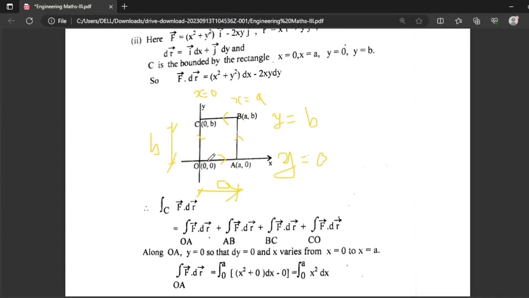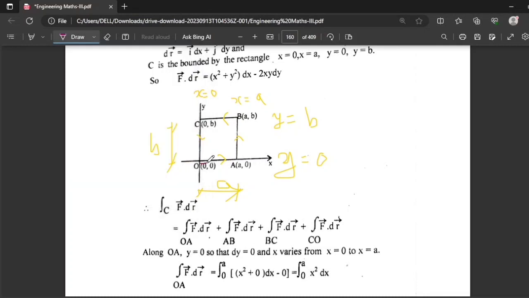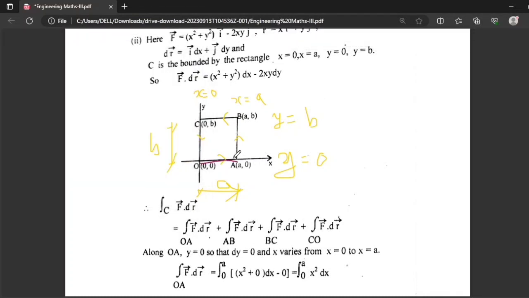So integration along OA, this is y equals 0. So there is no change in y, there is only change in x. So dy equals 0, and x varies from 0 to a. x square plus y square is x square, and the dy term will be 0 because dy is 0.